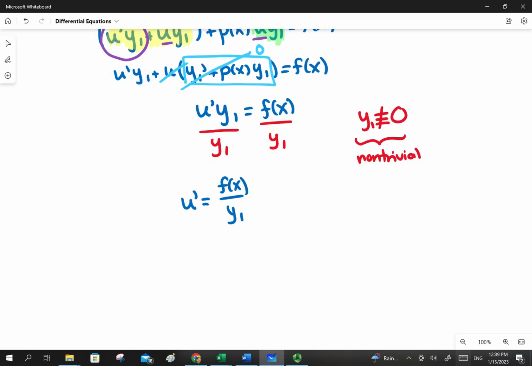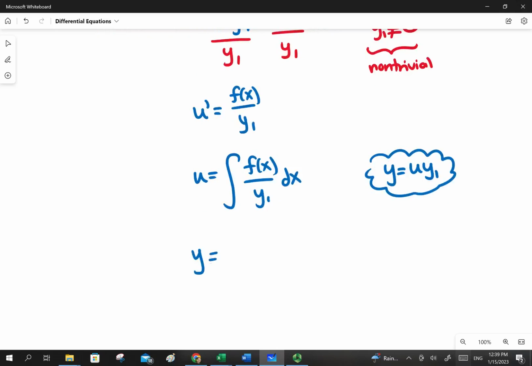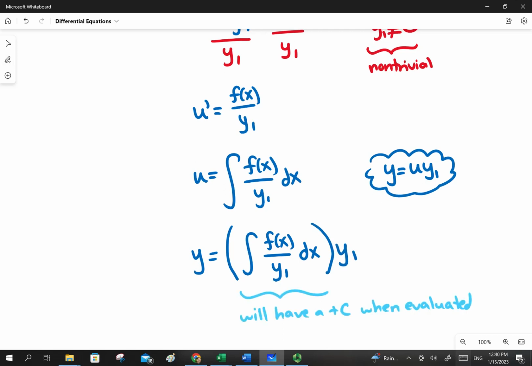So u prime is f of x over y1, so we can integrate and say that u is the antiderivative of f of x divided by y1 with respect to x. So y, which is u times y1, is the integral of f of x over y1 with respect to x times y1, recognizing that our indefinite integral will include an arbitrary constant of integration when evaluated.